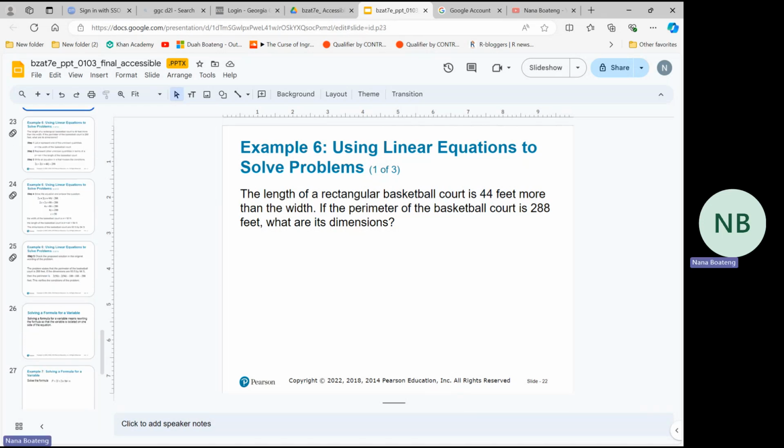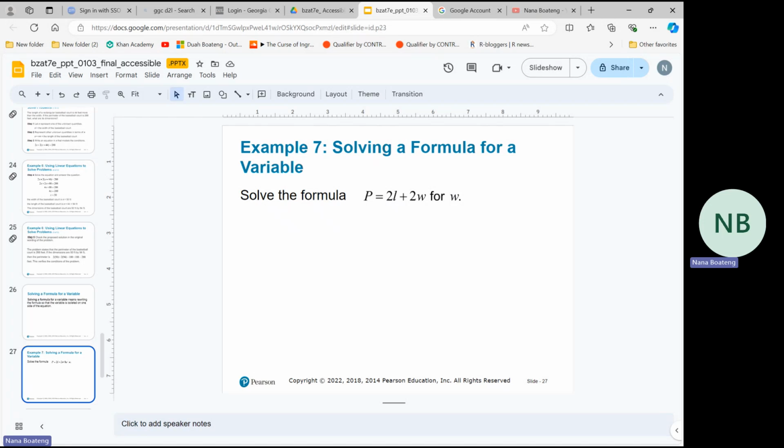Okay, so example 7 entails solving a formula for a variable. We are given P is equal to 2L plus 2W, and we have to solve for W. So let's see how we go about this.